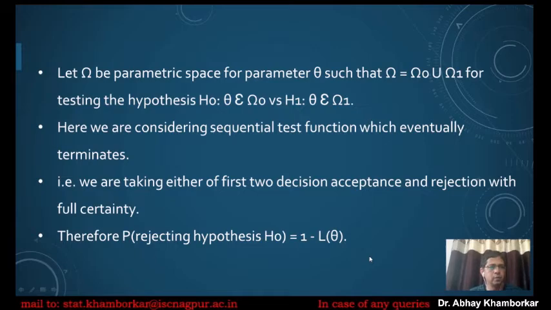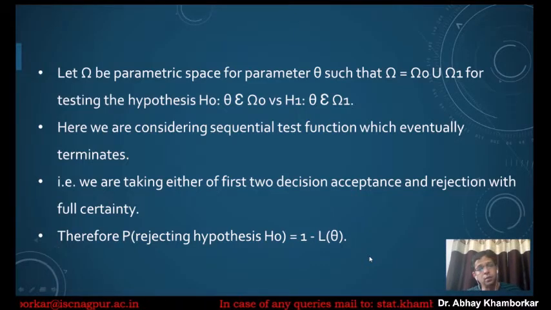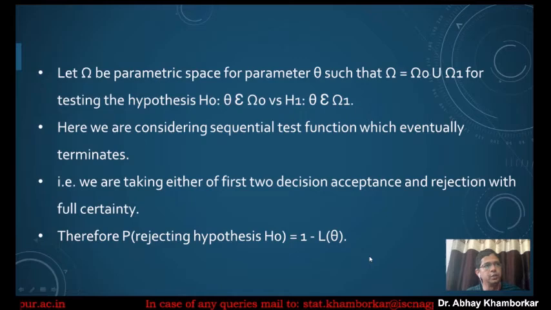Naturally, again, if you are going to accept the hypothesis or reject the hypothesis on the basis of ultimately the sample, wrong decisions are again possible, because please remember that we are taking a decision on the basis of a sample, so wrong decisions are possible here also.